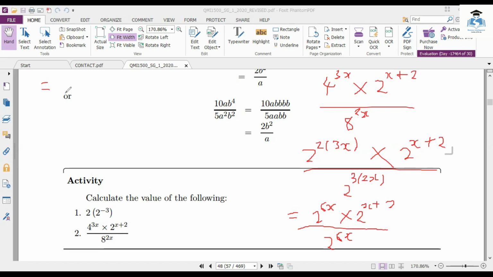Yes, the bases are the same. We add the exponents. We say 2 to the power 6x plus x plus 2.